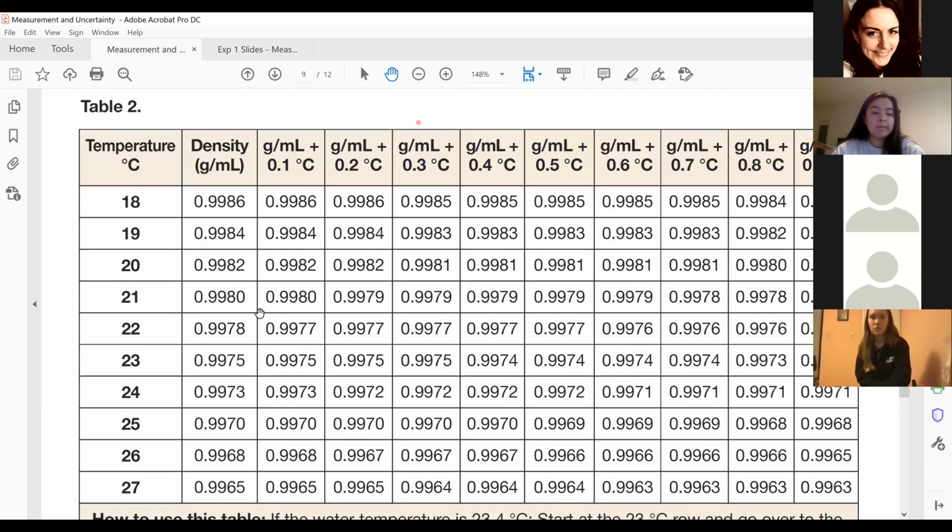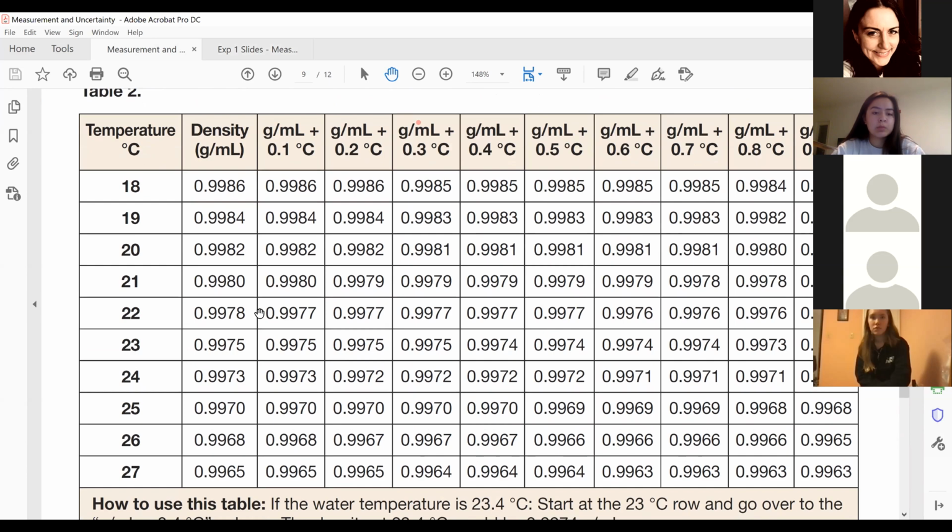So at table 2, they give all the densities of water at different temperatures. And you can see, they don't vary much, but they do vary some. And they go from 18 degrees C all the way out to 28.